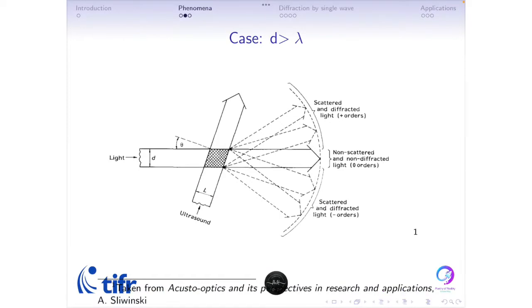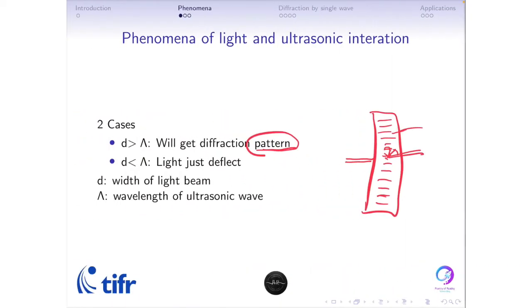For the case d greater than lambda, this is what is happening. Sound is passing through the crystal, and light is falling on the crystal. In the case d greater than lambda, we will get the diffraction pattern.